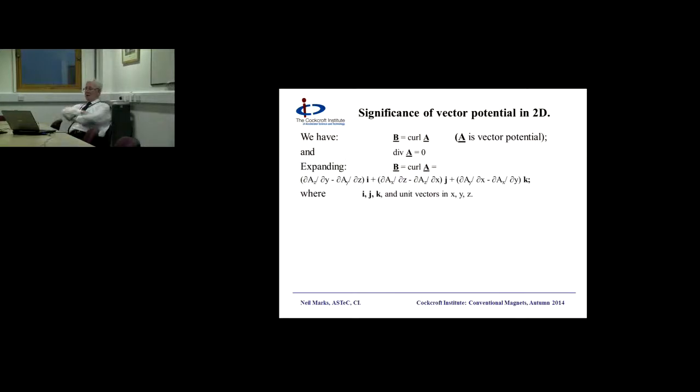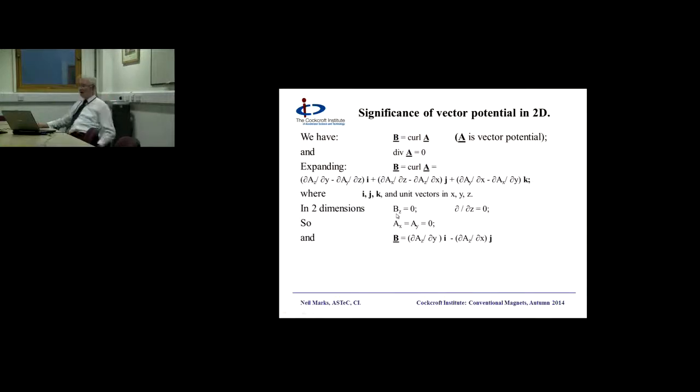So if we expand this, again in 2 dimensions, in terms of x and y, expanding the curl, we get this set of partial differentials in the direction of i, the x unit vector, in terms of j, the y unit vector, and also, even though we've said we're just looking in the xy plane, there's a vector k normal to the xy plane that we're looking at. So i, j and k are the unit vectors.